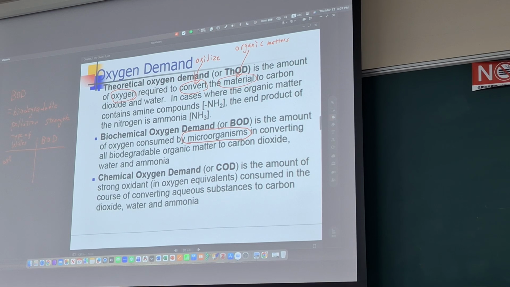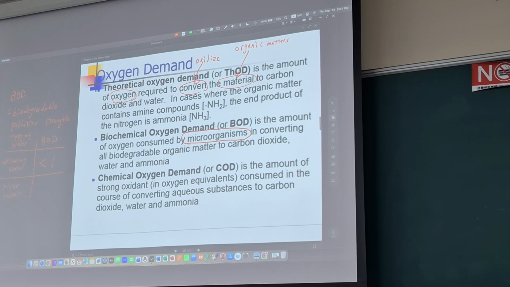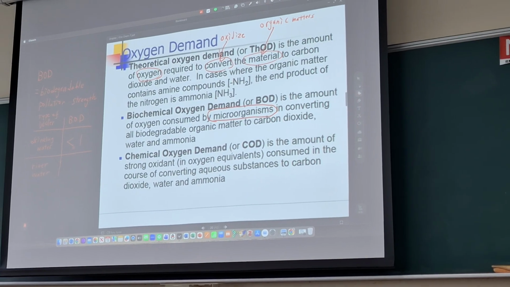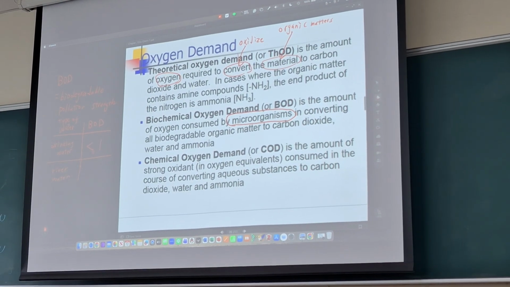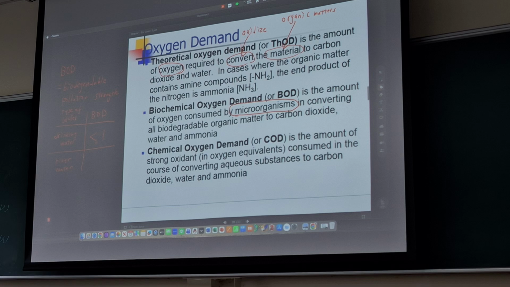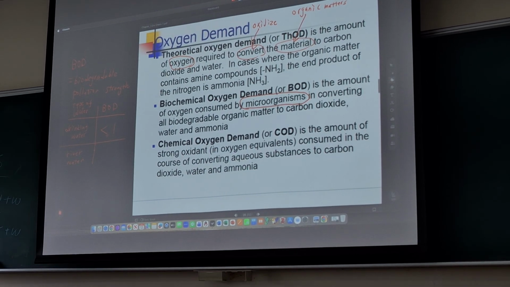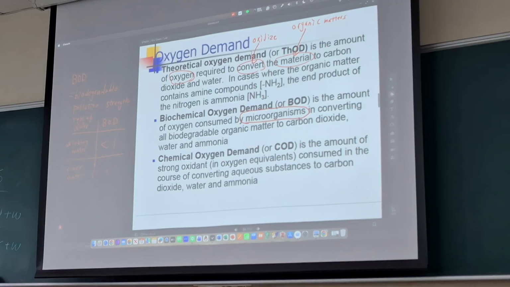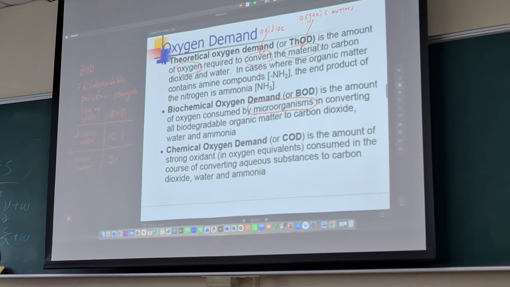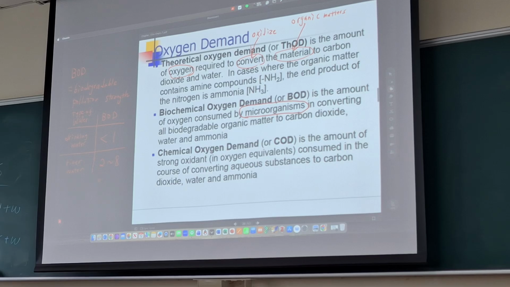So let's compare drinking water and river water. The BOD of drinking water must be smaller than 1. Otherwise, many people will get diarrhea. And for river water, it's probably around 2 to 8.